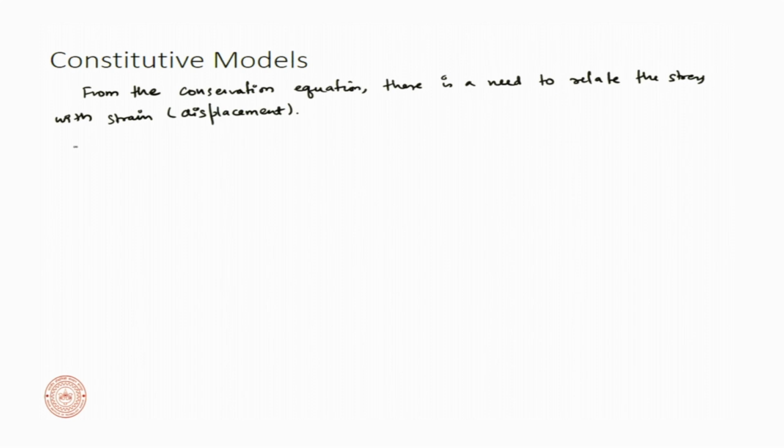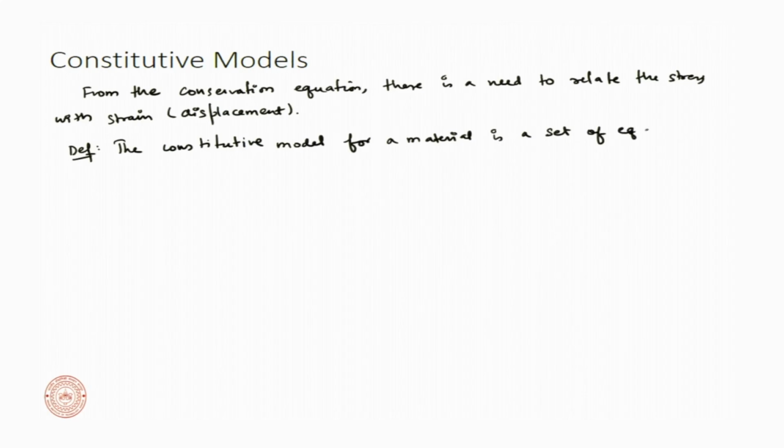So by definition, the constitutive model for a material, and this is material driven, is a set of equations which relates the stress state of a body to the strain.